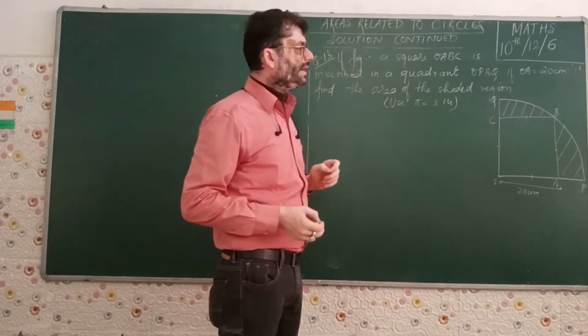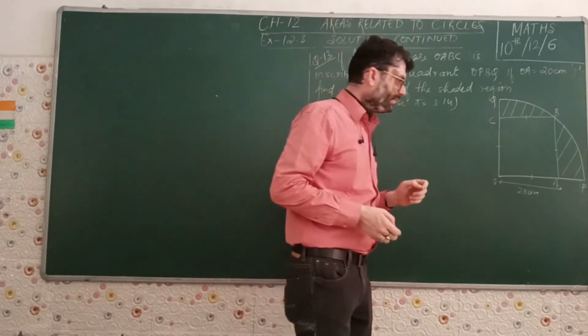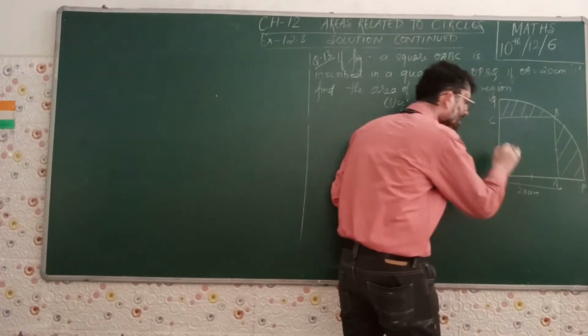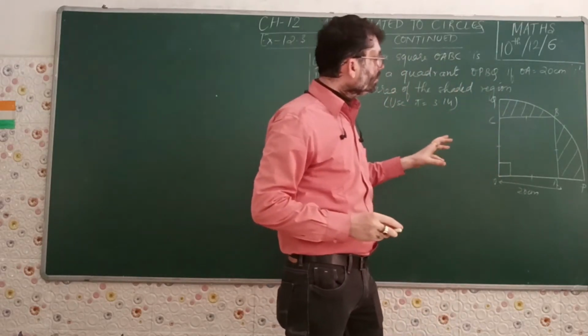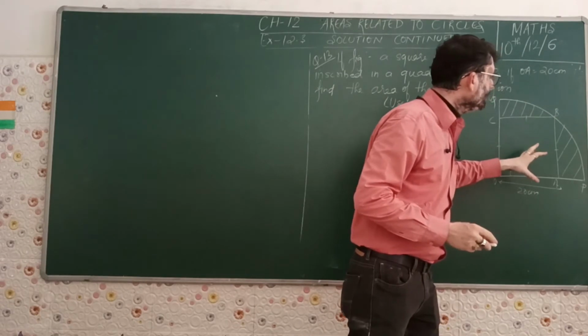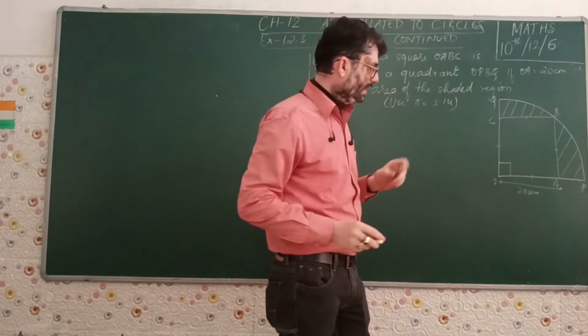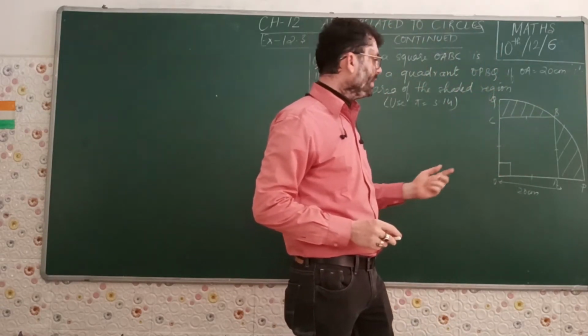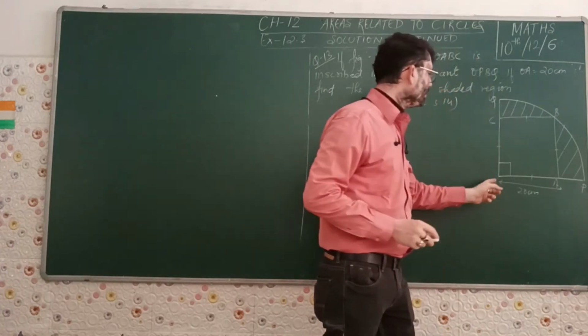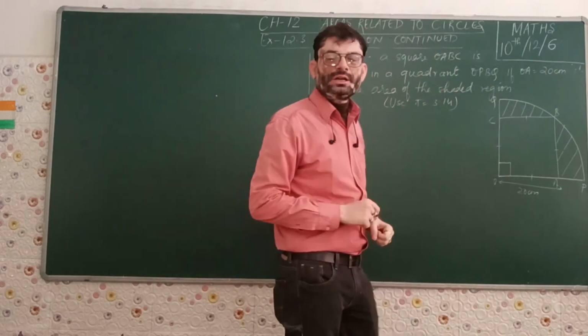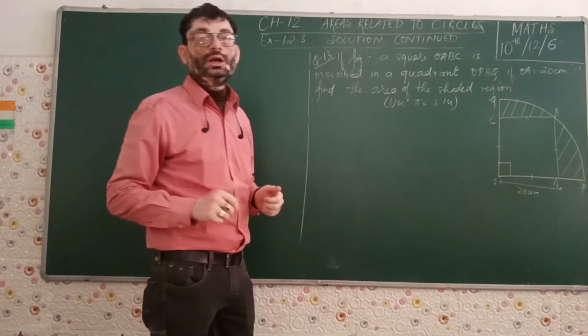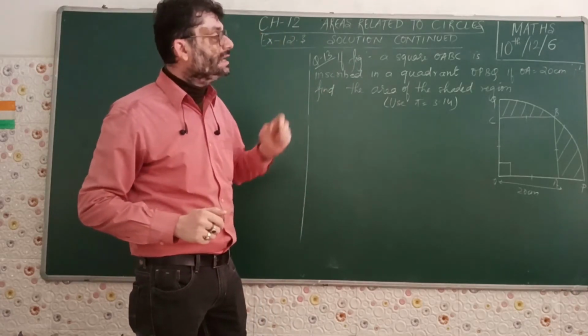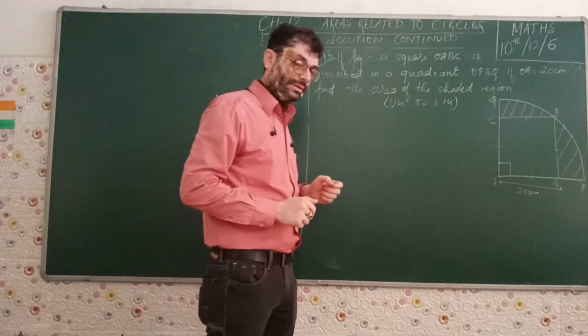In order to find the area of the quadrant, where the angle is 90 degrees, we need the radius for that quadrant. Here the radius for the quadrant is OP, or you can say OQ, which is not given to us. That means first of all, we need to find the radius for the quadrant.